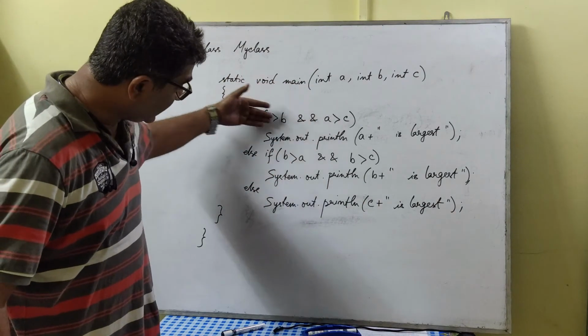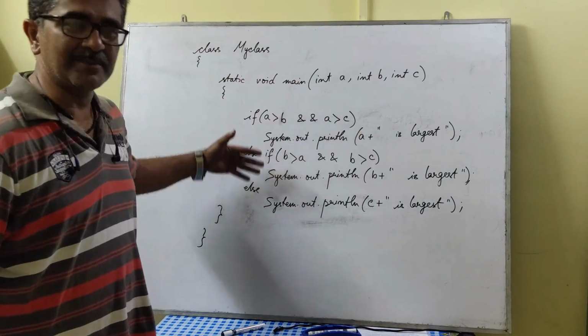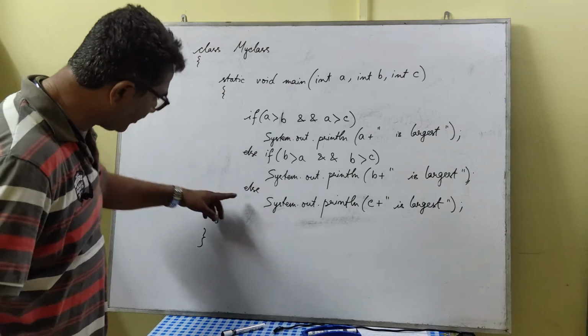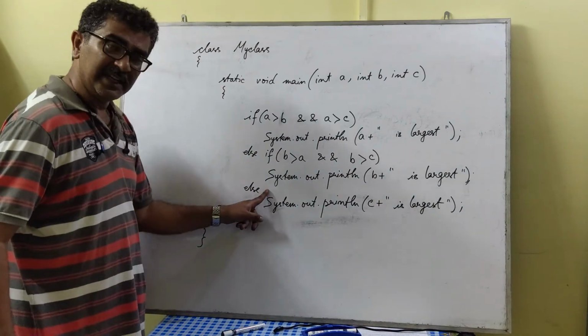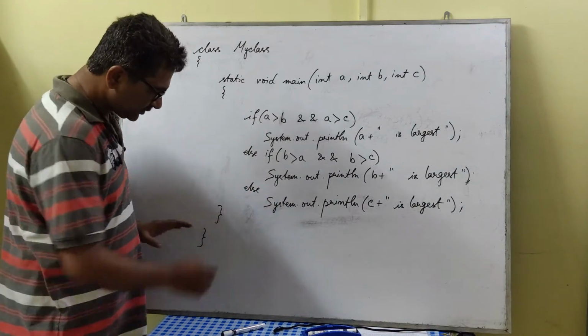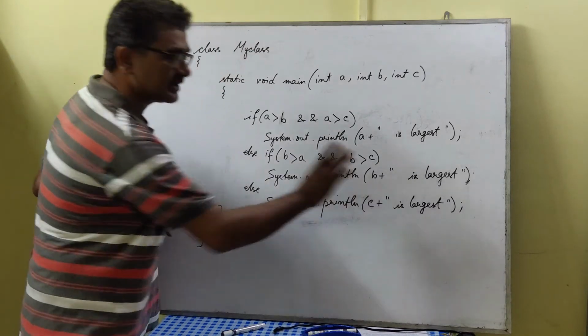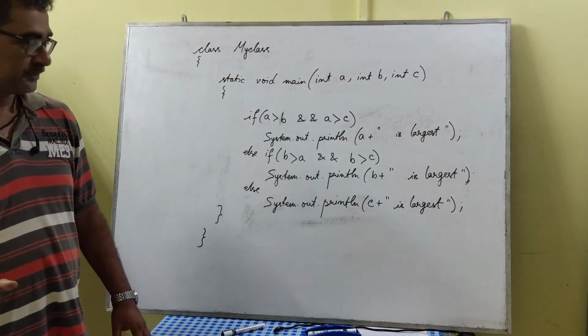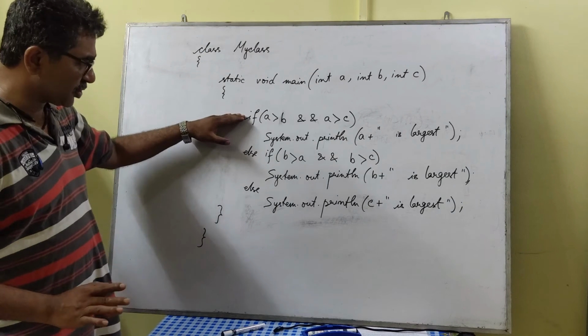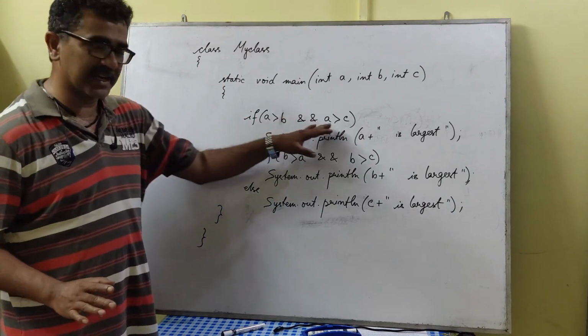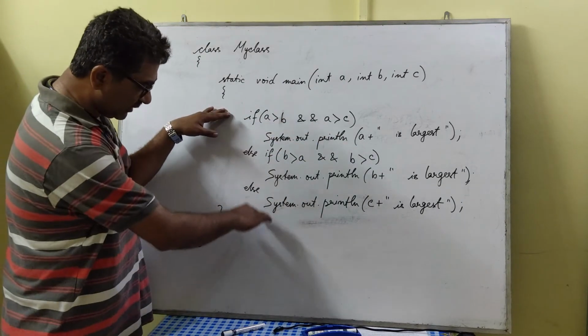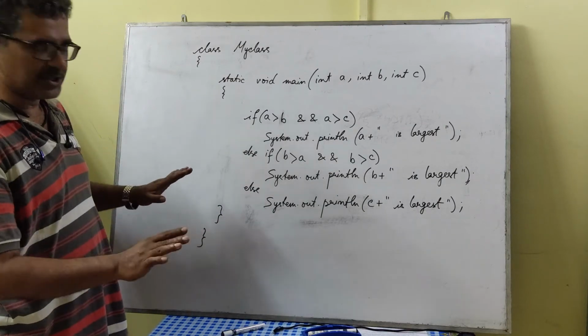Now if neither A nor B is largest, that means definitely C is the largest. So therefore we did not put an if statement again with the else. We simply wrote else C is the largest number. So if the first condition is true, if A happens to be greater than B and A is greater than C, the remaining statements will not be checked.